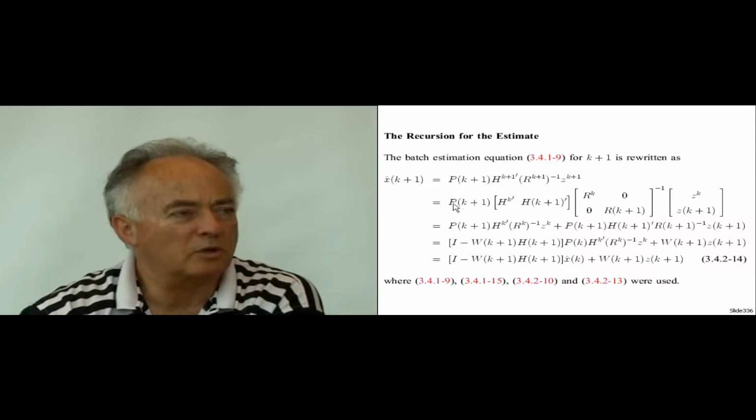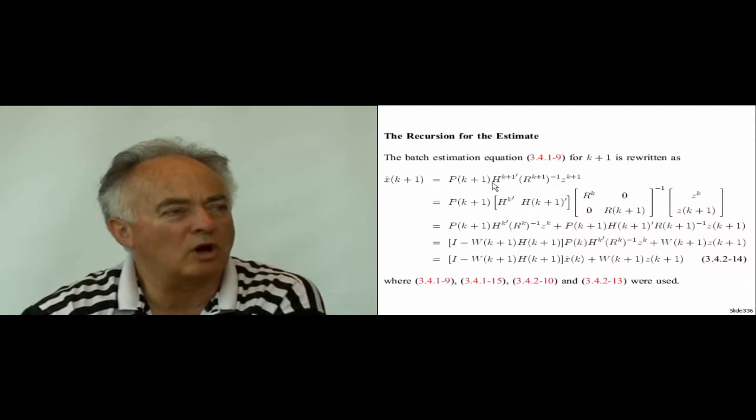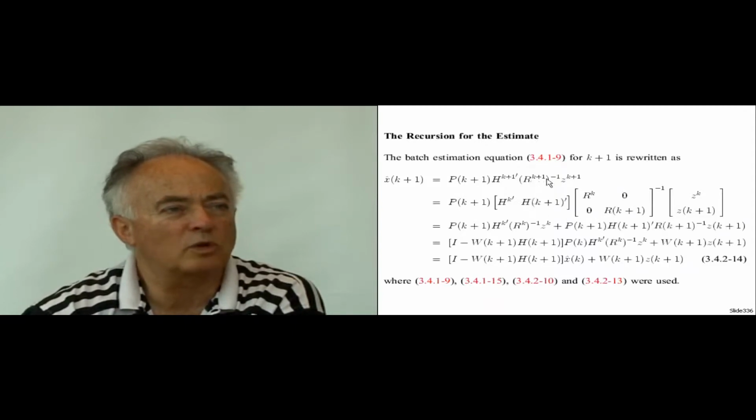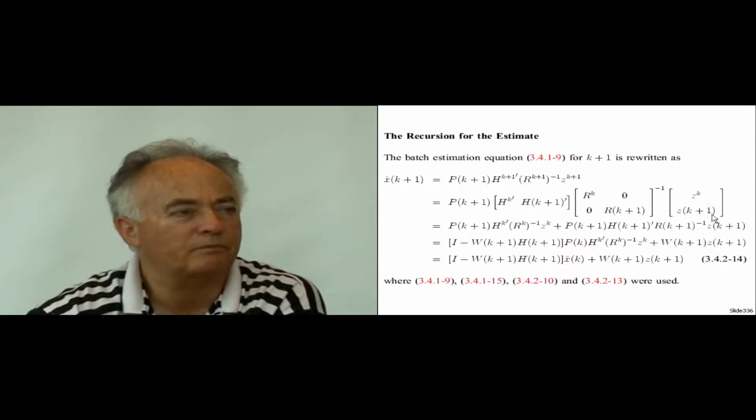We'll leave the P_{k+1} as is. We now use blocks for the H^{k+1}: first block is H^k, second is H at k plus 1. The R^{k+1} is again broken down into blocks R^k and R_{k+1}, block diagonal, and the z, which is a big stacked vector, has z^k on top and z_{k+1} at the bottom.